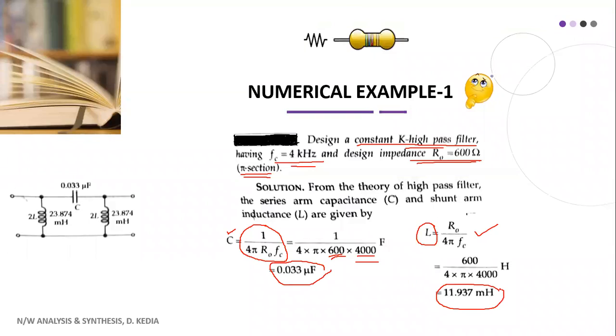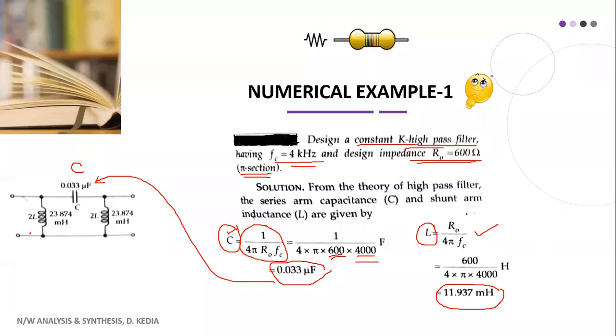This is such a simple numerical. Once you have understood the concept of designing, then applying those formulas is a kid's job. Okay, once we have found the values of L and C, now you can design either a T section or a pi section. It doesn't matter. For the pi section, if you remember, we had C here, so the value of C comes directly here.